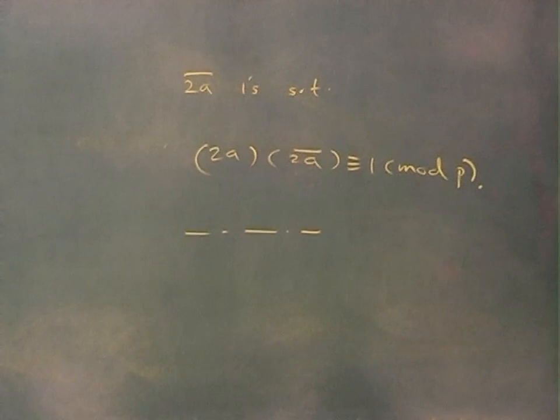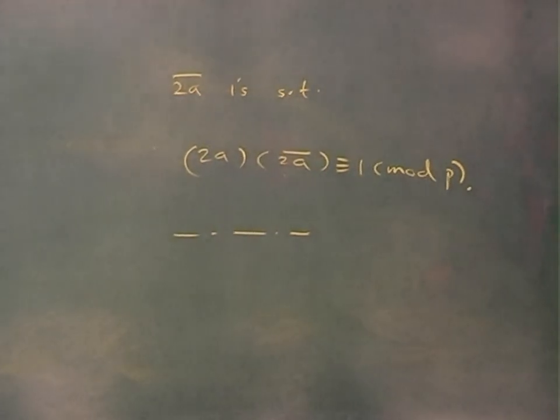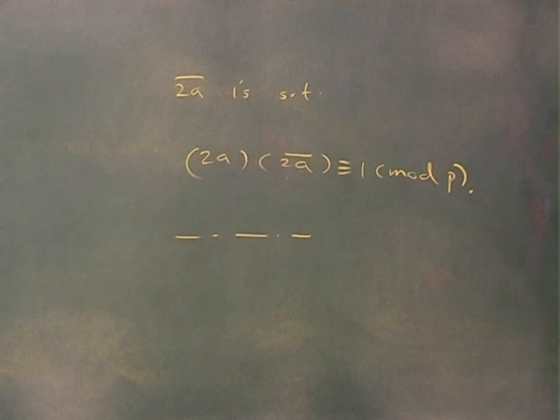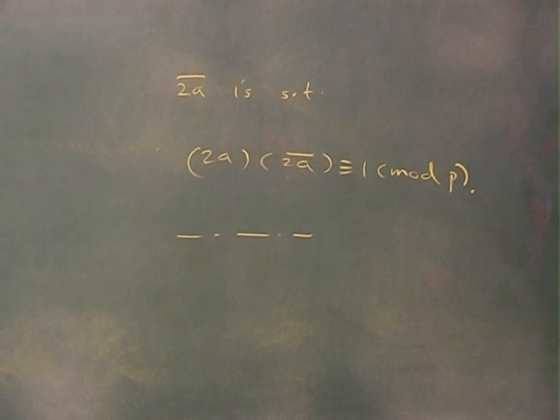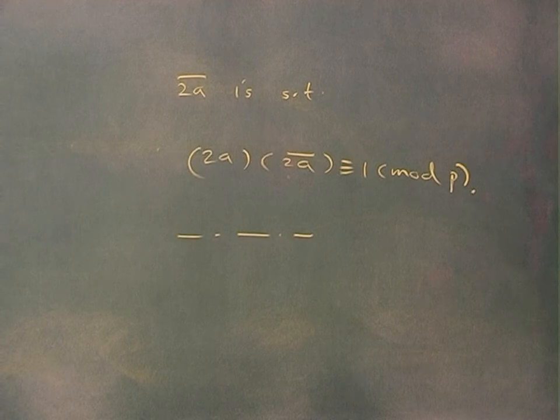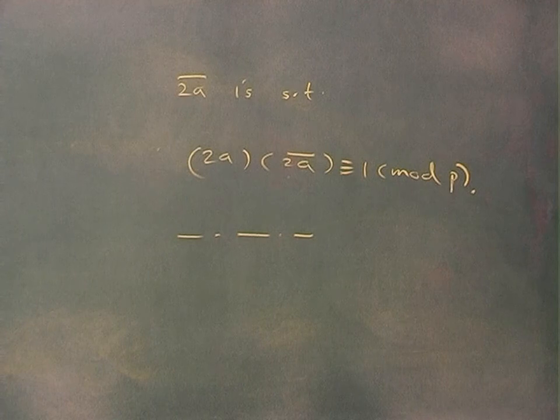So here the problem is, if you want to know how many solutions there are, you should know whether the discriminant is a square or not. This problem was not there for real numbers, because a positive real number will have a square root and a negative real number will not have a square root. So whether that number is a square or not, that problem has an easy solution.